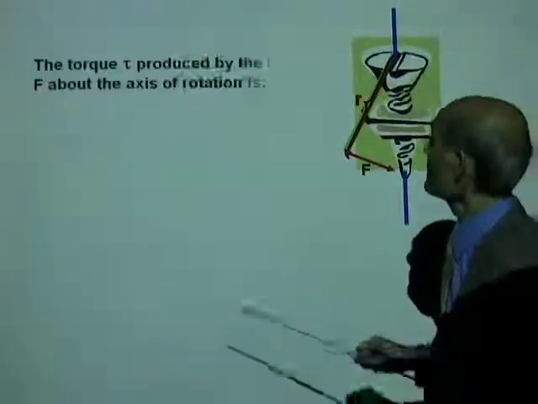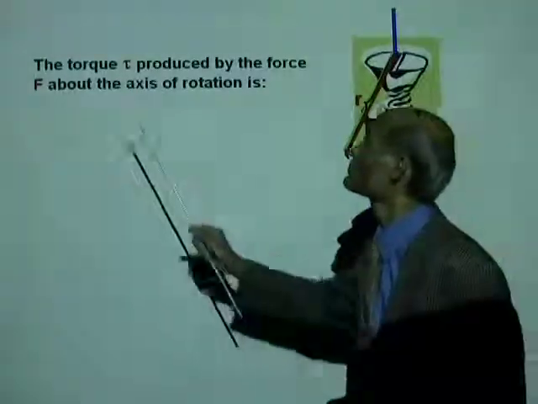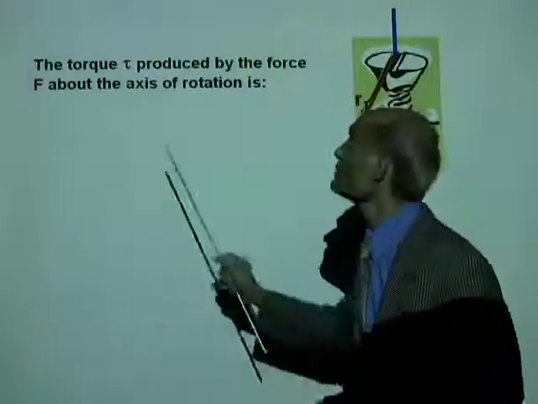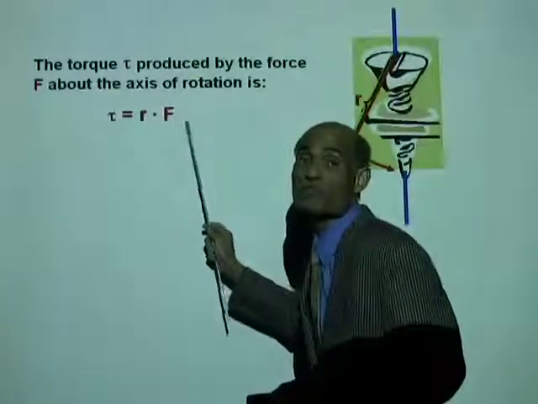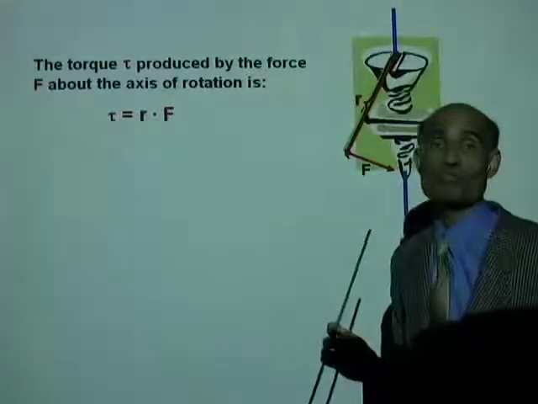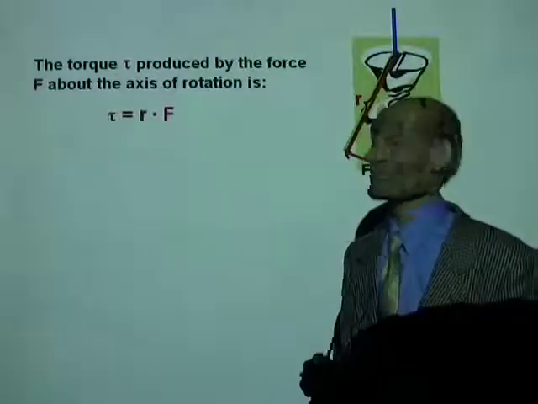Okay? The torque tau produced by the force F about the axis of rotation is tau equal to r times F, the torque arm multiplied by that force. And that is a measure of the torque.